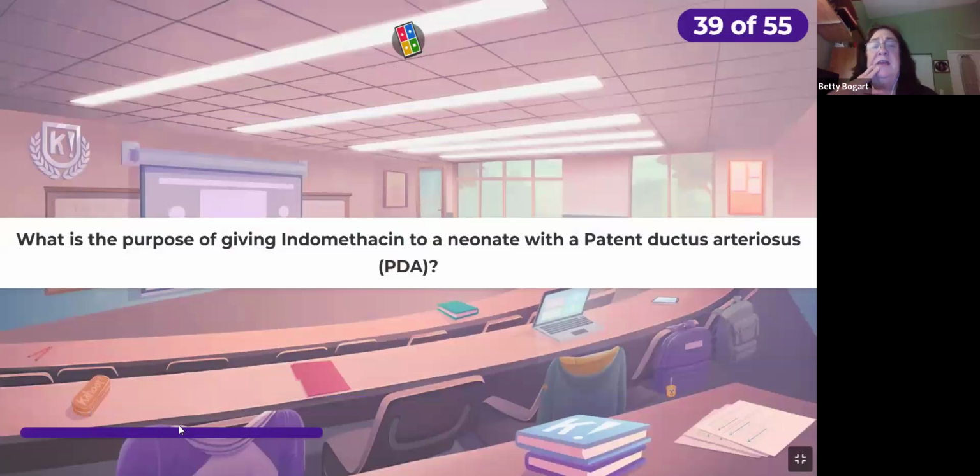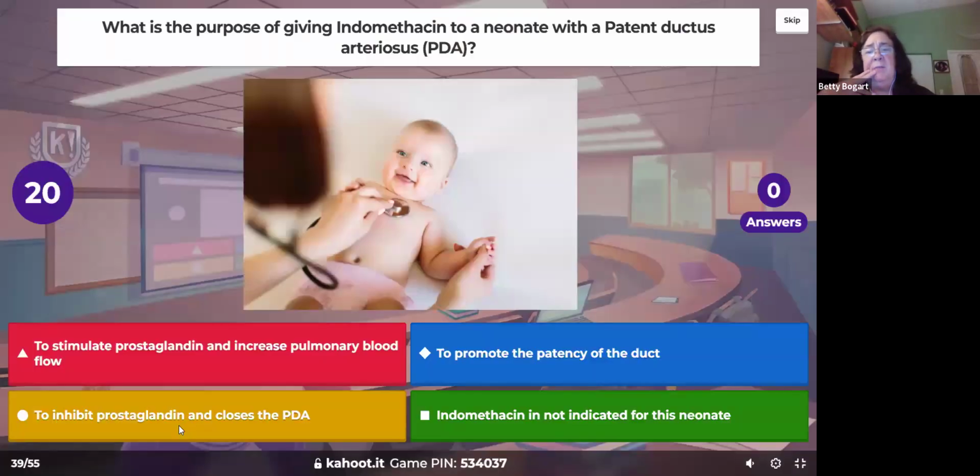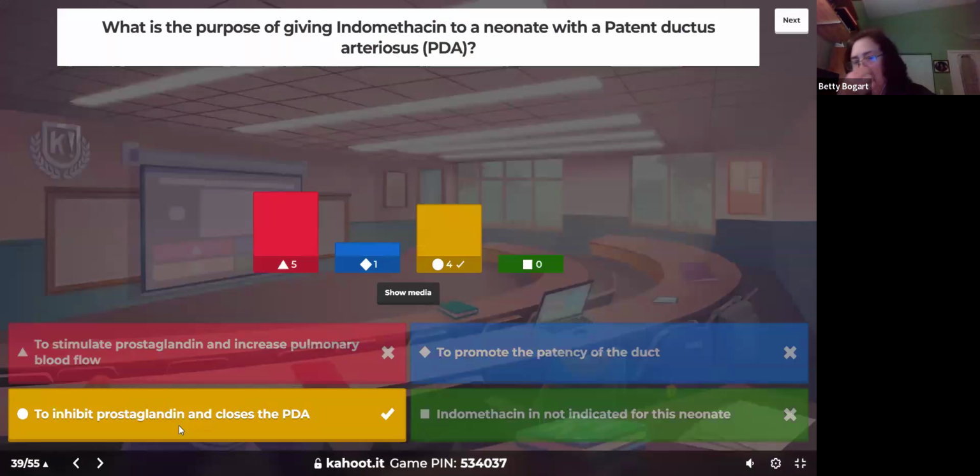What is the purpose of giving indomethacin to a neonate with a PDA, patent ductus arteriosus? What is indomethacin all about? Again, we know prostaglandins from mommy, or that we deliver, keep that PDA open.